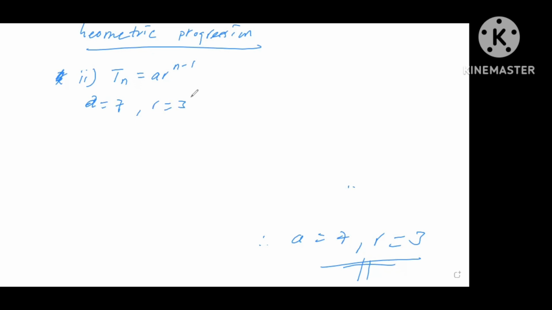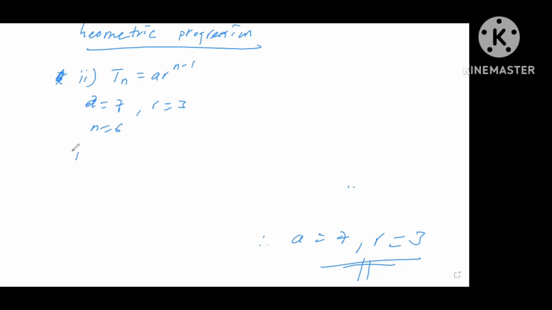Since they are talking of the sixth term, n is equal to 6. So this is our data. Then you just replace in the formula and you're going to have your answer.